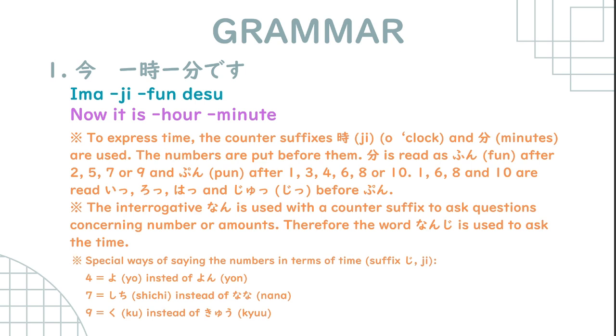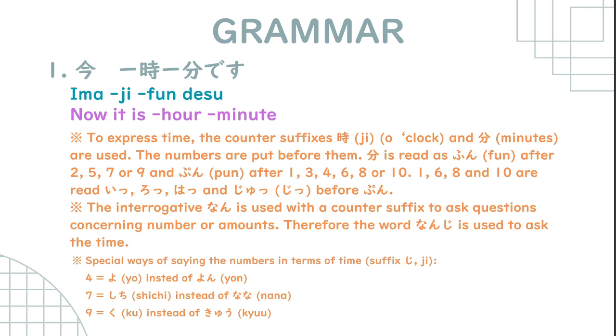And then we have 7, which is read as shichi. Shichiji instead of nana. Okay, shichiji, right? And then we have 9, instead of kyuu, we have kuji.